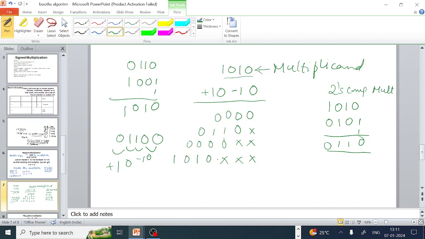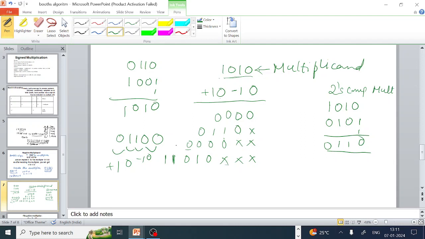But here, since these are for negative numbers, you have to do a sign extension, and remember always your product will be 2 times the number of bits in your multiplicand. So here I have 4 bits, so you will have 8. So 2 into n. Sign extension is whatever is your MSB, extend by 1 bit. So here together I will be getting 8 bits.